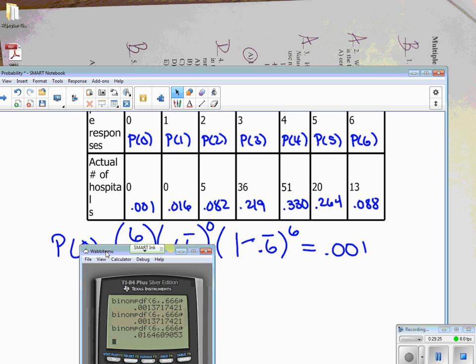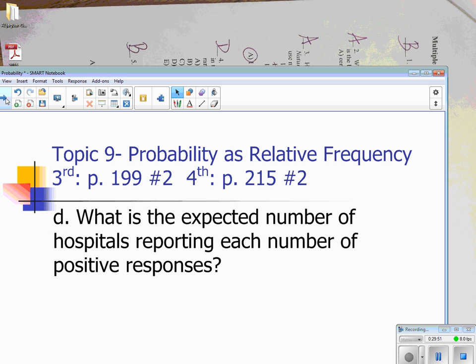All right, the last question says, what's the expected number of hospitals reporting each number of positive responses? That would simply be 0 times the probability, plus 1 times the probability, plus, and so forth. Oh, I'm sorry.